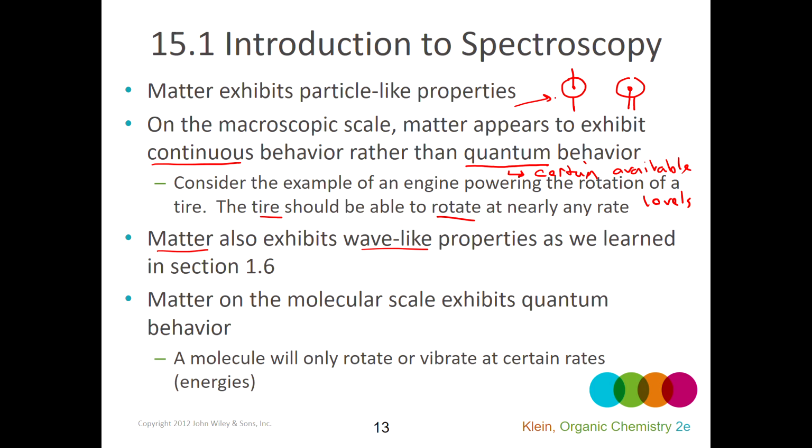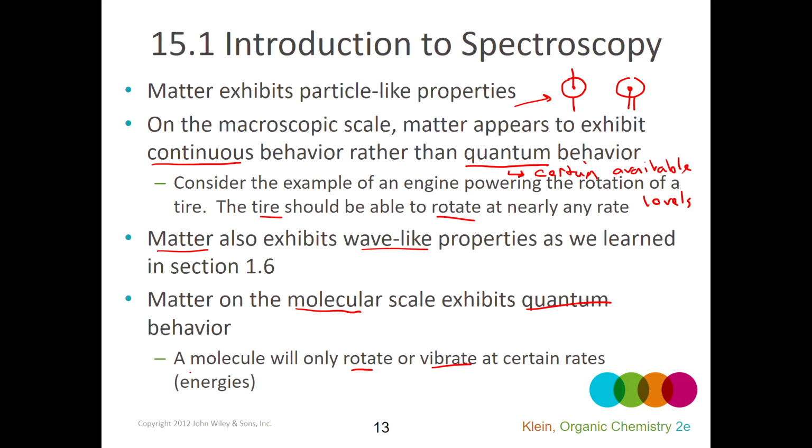If it has the right amount of energy to overcome this repulsion between these groups when they start eclipsing, it might cause the rotation to occur. So we're thinking about this quantum behavior of both light and molecular rotation and vibration.